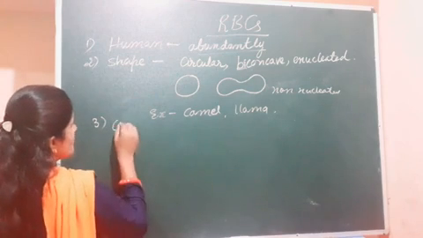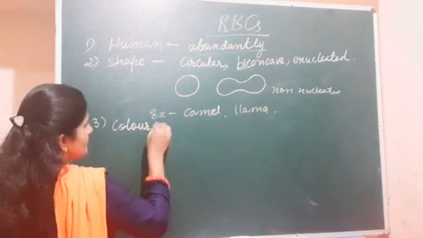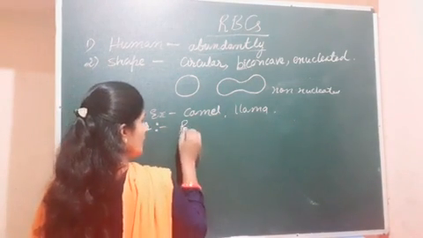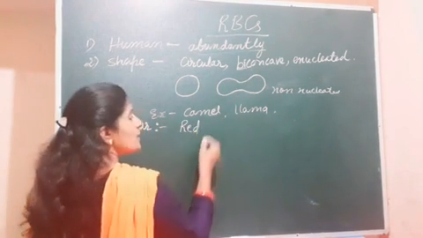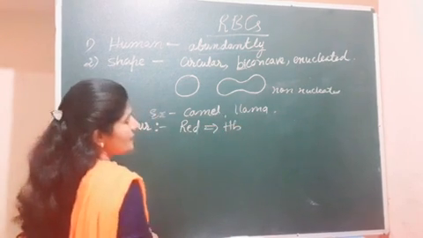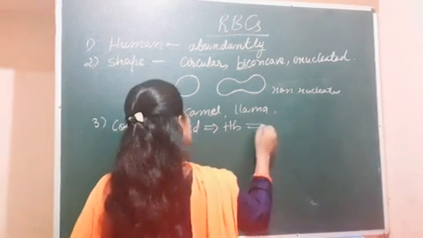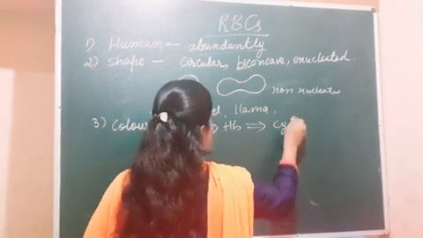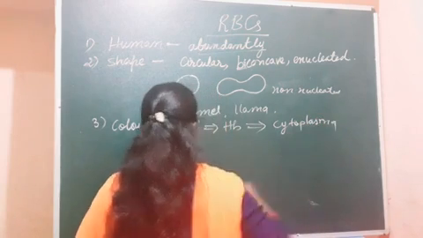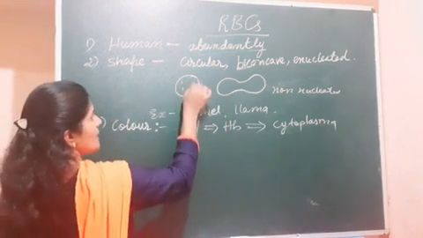Now the color of the RBCs. Of course, they are red in color due to the presence of hemoglobin. Where is the hemoglobin present in the RBCs? It is present in the cytoplasm of the RBC. This is the RBC.